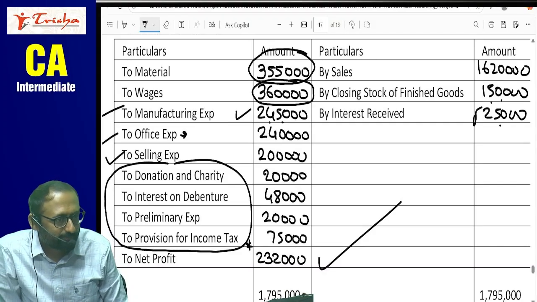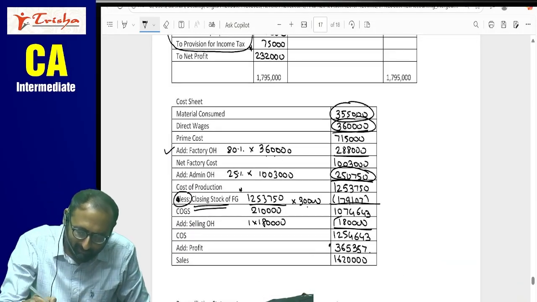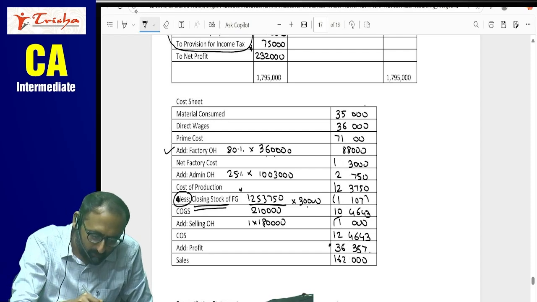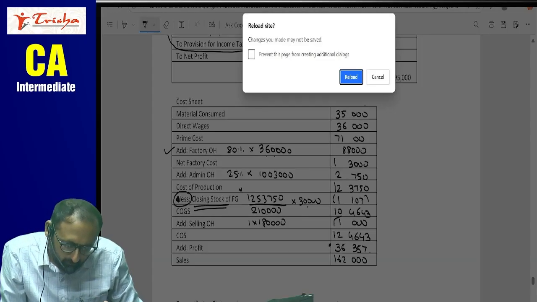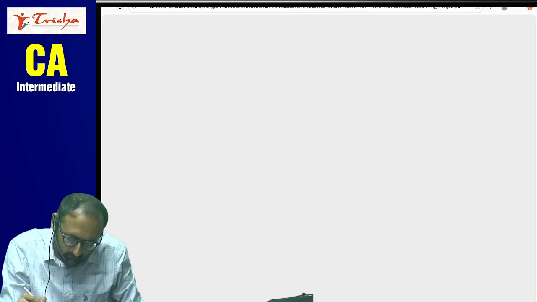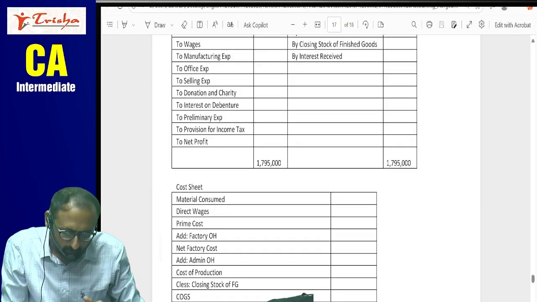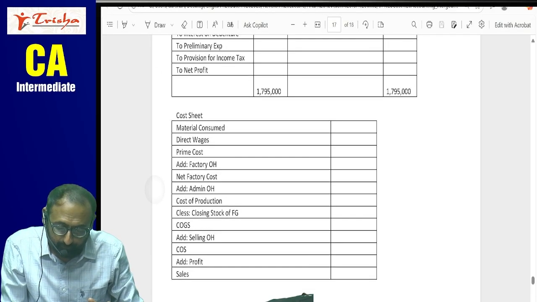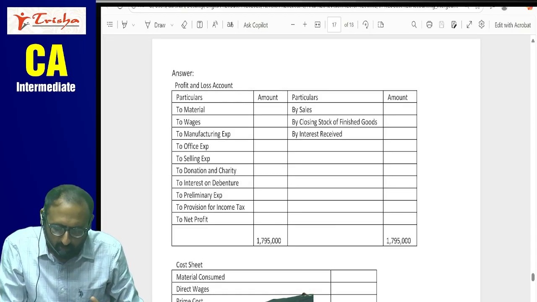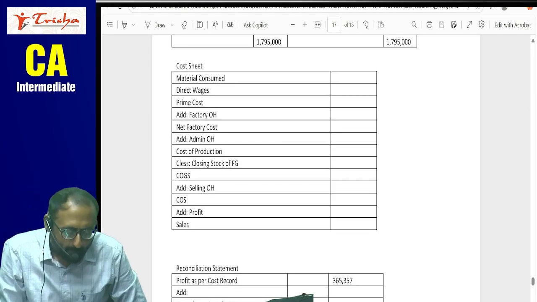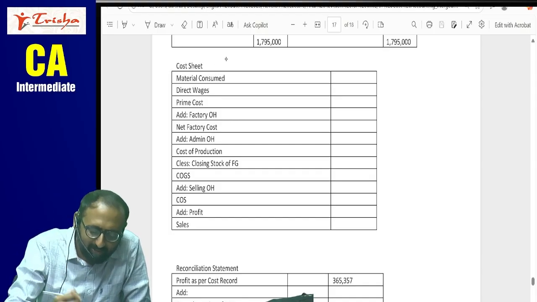Is it clear to every one of you? Now, sir, concentrate here. I told you earlier, if you need to prepare costing profit and loss account, cost sheet is compulsory.